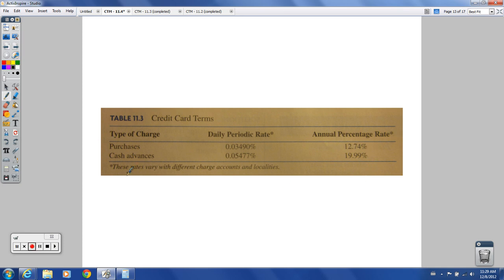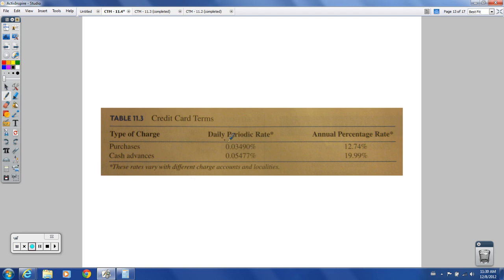These rates, just like it says here, with different credit cards, are going to vary greatly from different accounts, different companies, MasterCard, Visa, American Express, Discover Card, things like that, and even localities where you're at will make a difference too. But we're going to assume that we're talking about not an annual percentage rate. We're not going to be using that. We're going to be using the daily one for right now.